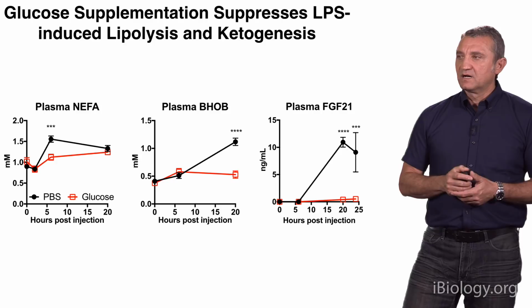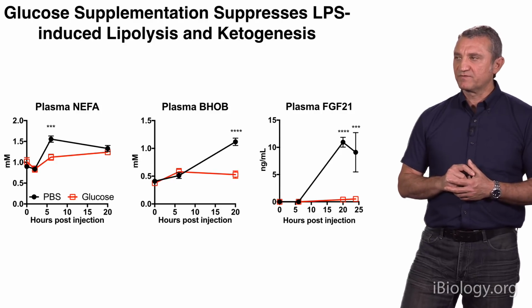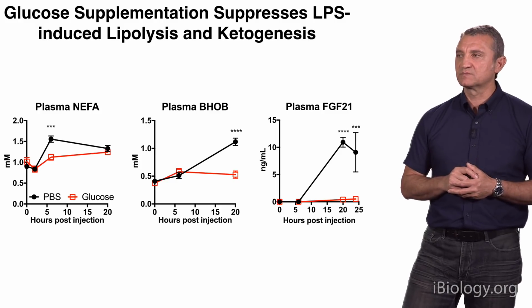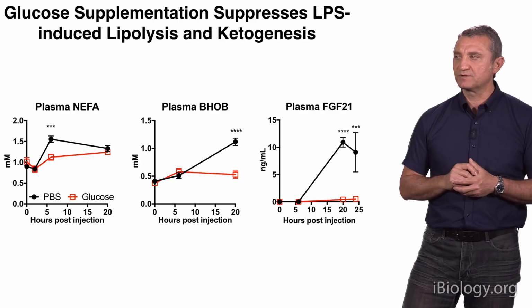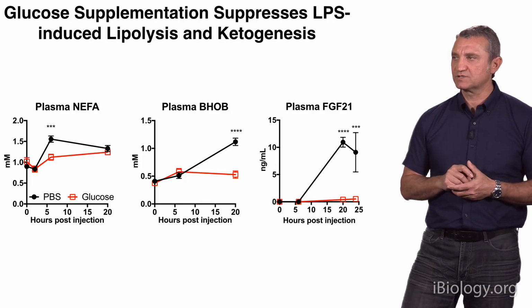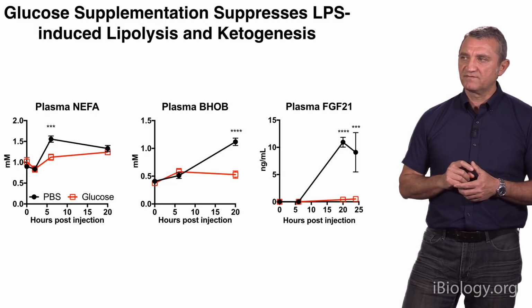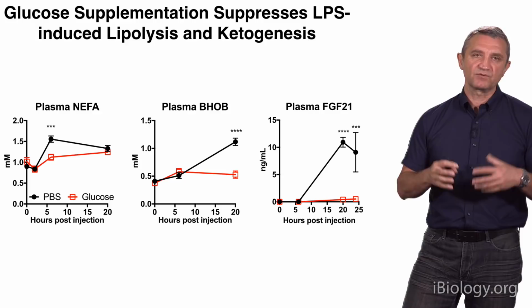To test that, we first examined whether glucose would indeed prevent these PPAR alpha regulated outcomes, such as hydroxybutyrate production and FGF21 expression. And indeed, as you can see on the left side, this is a measurement of non-esterified fatty acids, or free fatty acids. They are released during fasting.